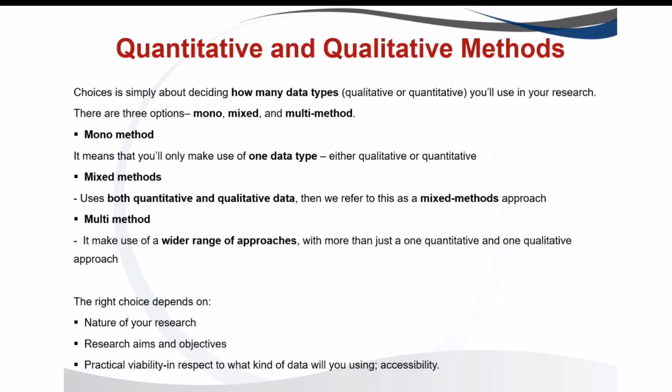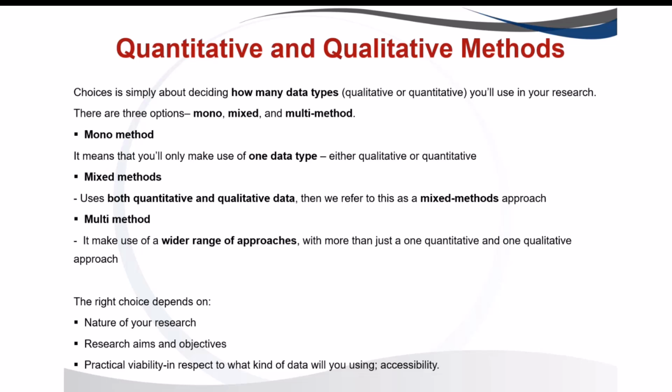So if you choose quantitative, it means you're going to stick with quantitative from the beginning up to the end. Your paradigm should also align to quantitative. Your approach should also align to quantitative. Your data collection instrument also should align to quantitative.